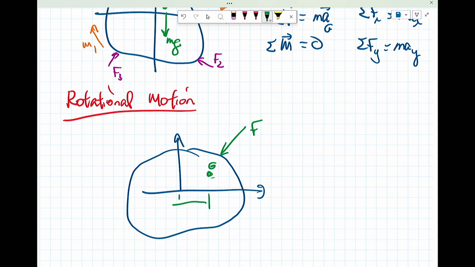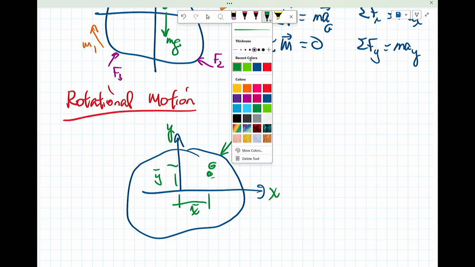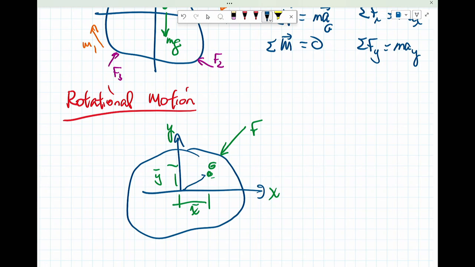I have a distance, and I have x and y. And the distance to these points is going to be r. So if I want to look at r in this body, it's just going to be x bar squared plus y bar squared equals r squared. All right, so I know what that is. I got that.